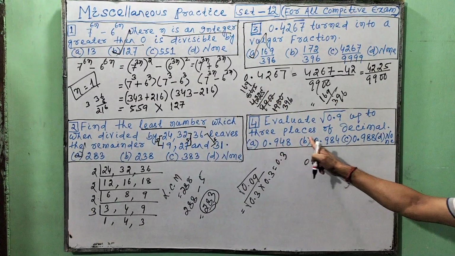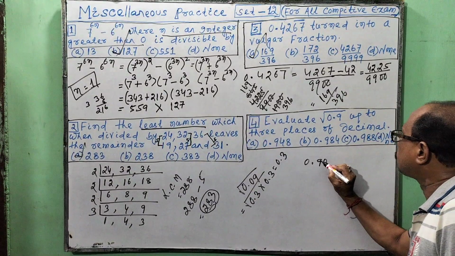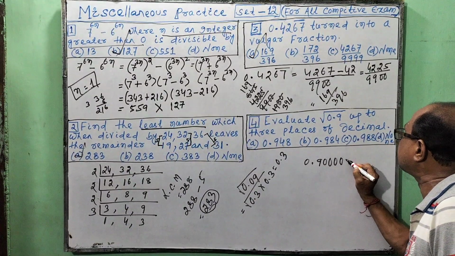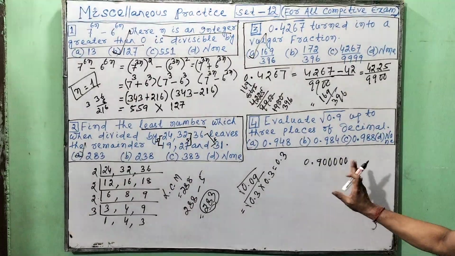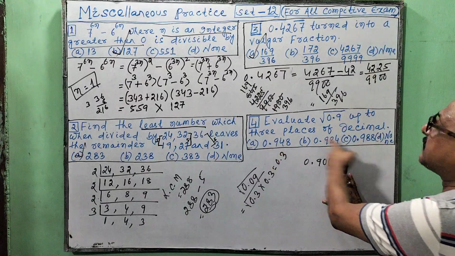The question is 3 places of decimal, so after the decimal, if 6 digits are there, then we can find the decimal to 3 places.